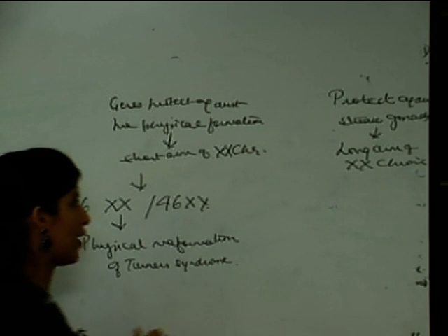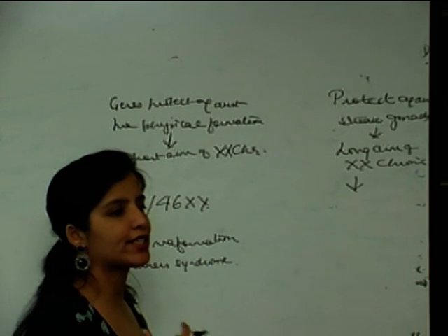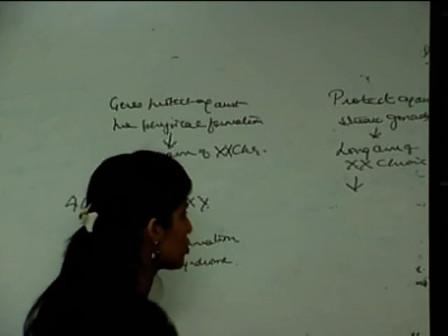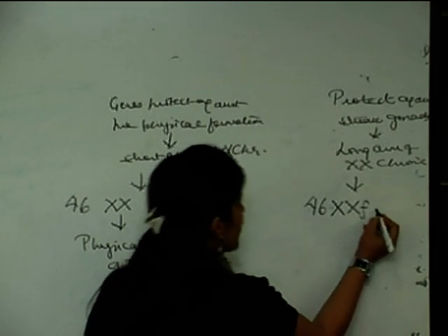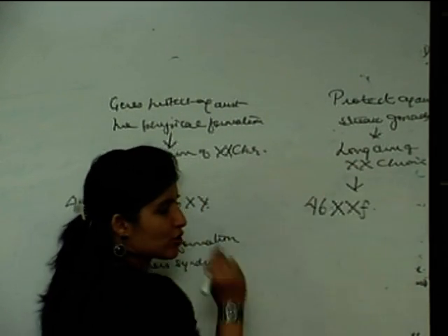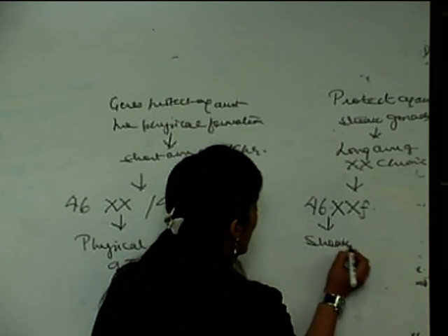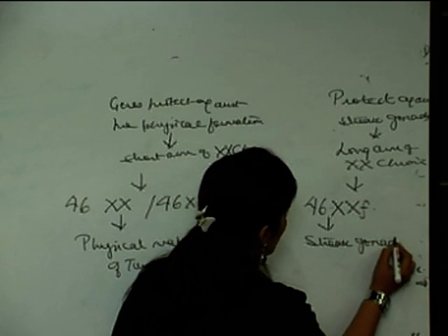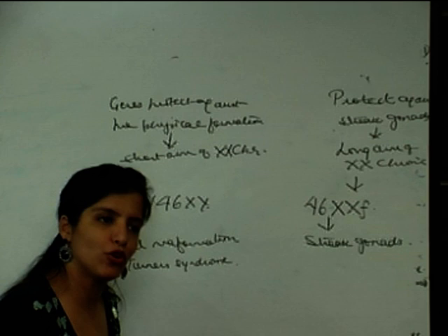Whereas on the other hand, if the long arm of the X chromosome is absent, the genes which protect against streak gonads are absent. So if the chromosome number is 46XX but the long arm of the X chromosome is absent, it will lead to streak gonads, although the physical manifestations of Turner syndrome will not be there.